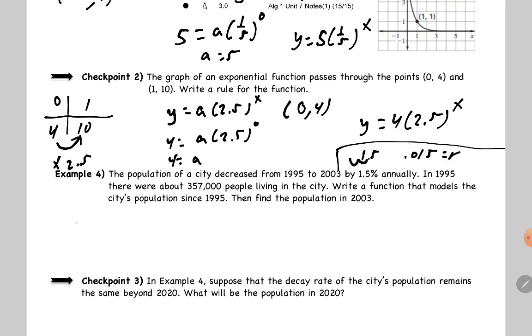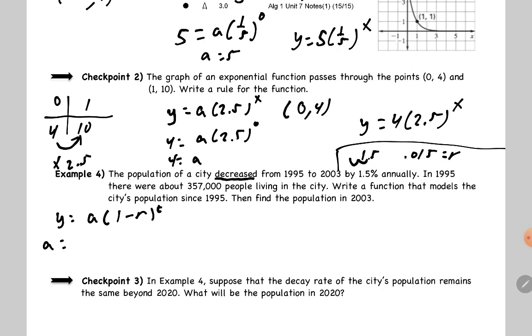So we have a formula. y equals a times 1 plus r to the t. But since we know that the population is decreasing, we're not going to do plus r, but minus r. If they were increasing, then we would add.